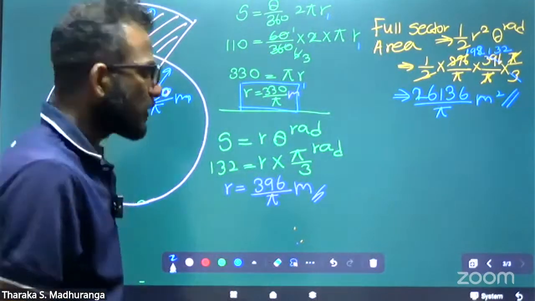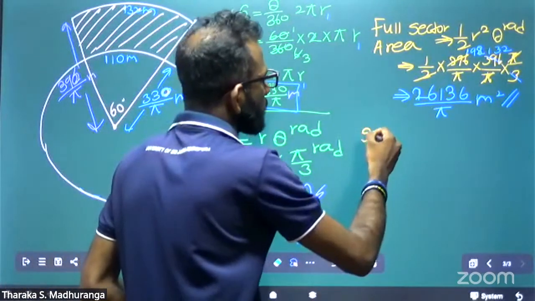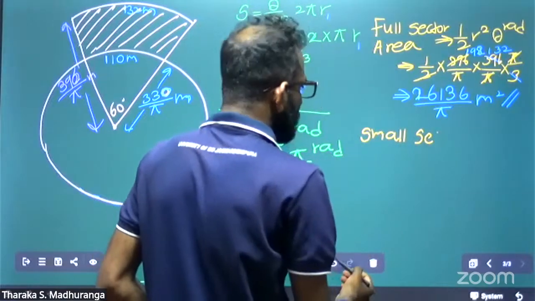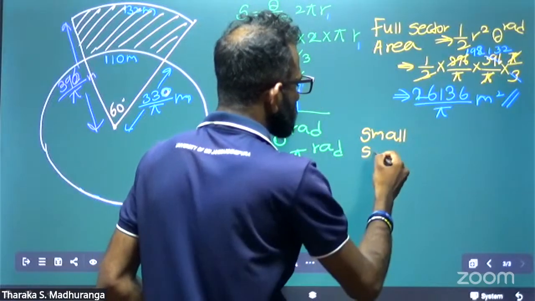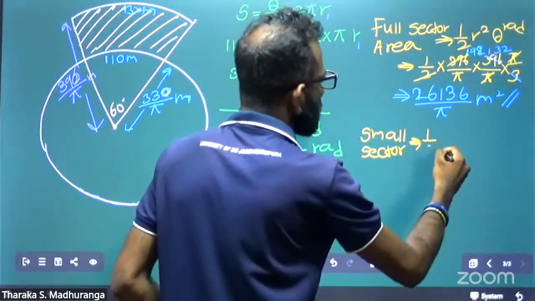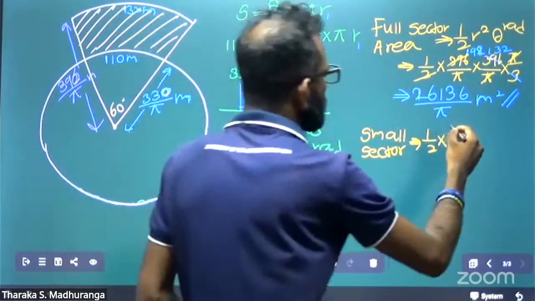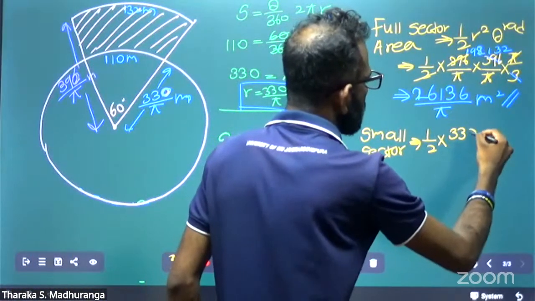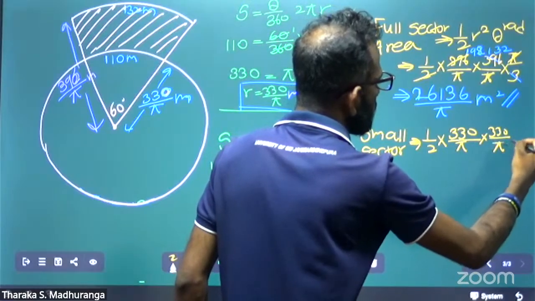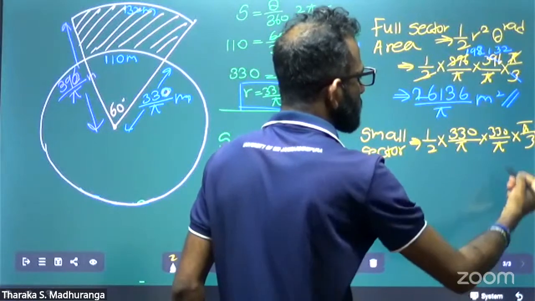Okay. Next step, I am going to get the small sector area. Same equation, half into r square: 330 over 5 into 330 over 5 into 5 over 3 radian.